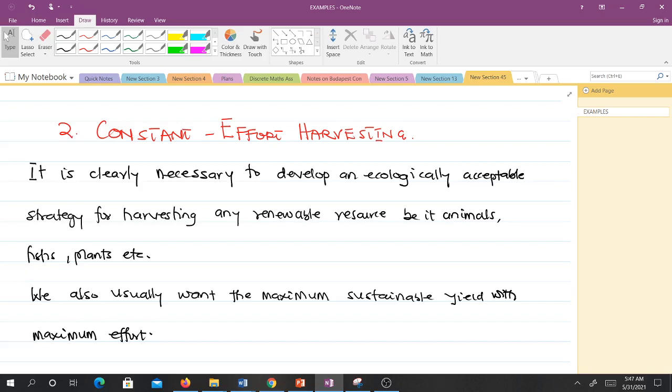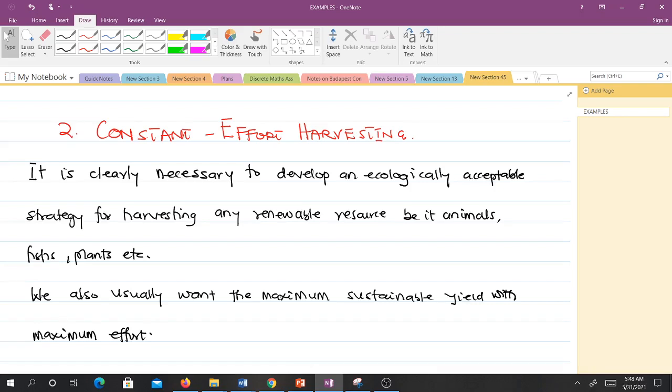So, for instance, let's take an example in fishing. When it comes to fishing, the number of fishes you harvest is proportional to the effort that you put in. So, the number of nets, how wide you will go into the sea, and a whole lot of things. Okay, so this is what we term as constant effort harvesting.